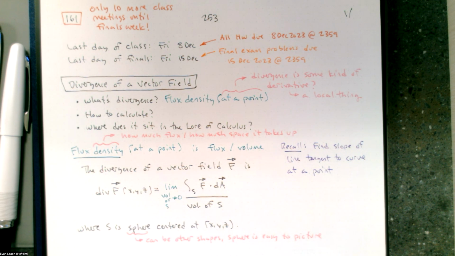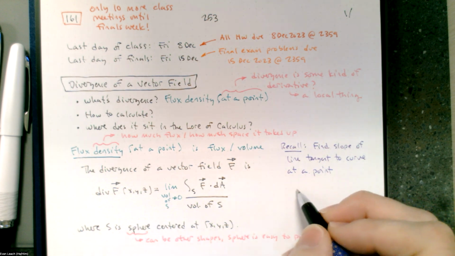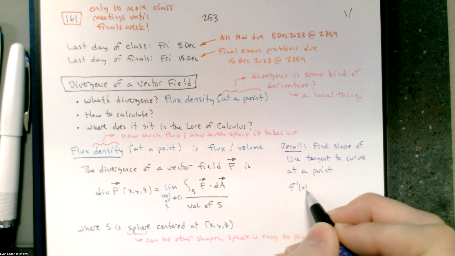This at a point part is the part where we divide by 0. We want to find the slope of the line tangent to a curve at a point. So we know that this is the derivative.